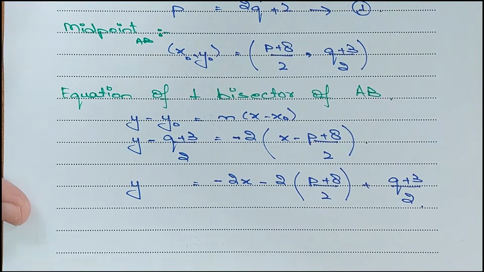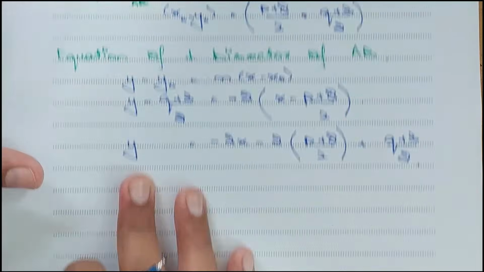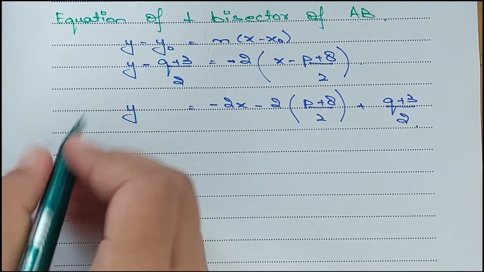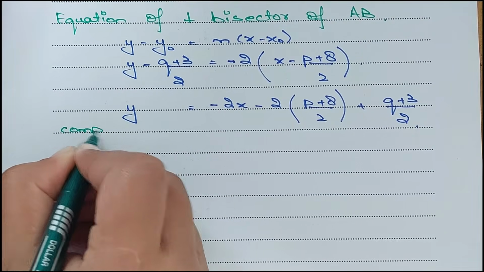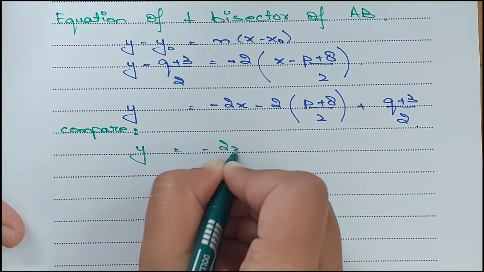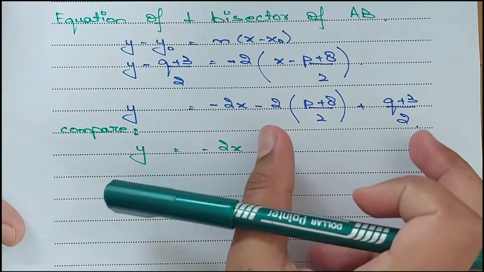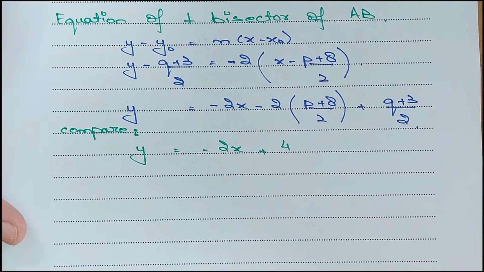Okay, so if I compare this equation with my given one, which is y equals minus 2x plus 4, right? So let me compare with y equals minus 2x plus 4. So y equals minus 2x, y equals minus 2x. So it means this term would be equal to 4, right?